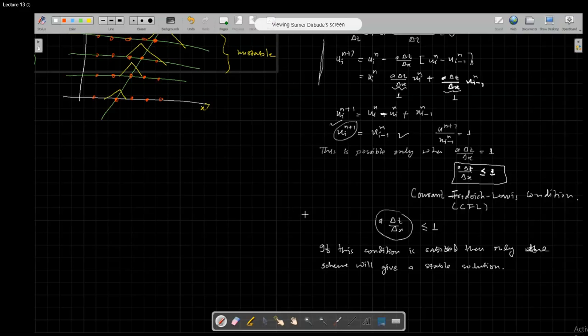Now let us consider another example, with a diffusion equation. This was a hyperbolic equation. Second example: suppose we take del u del t equals alpha del 2u del x square. This is our parabolic equation.